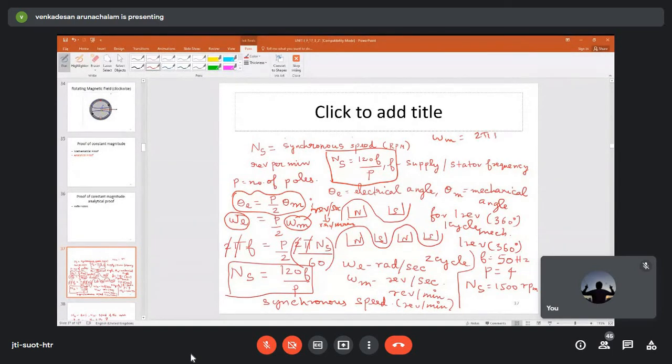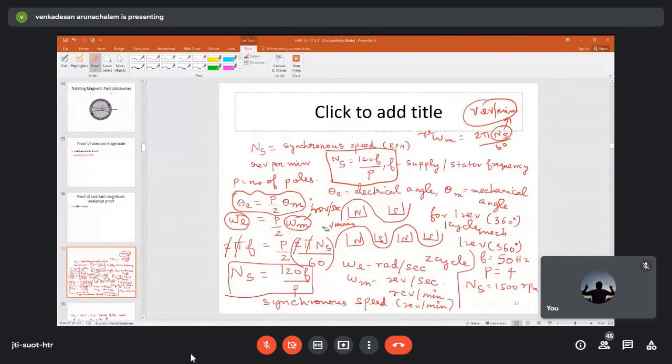Omega M is nothing but 2 pi ns by 60. How to understand this? ns is in terms of revolutions per minute. Omega M is also radians per second only, but measured with respect to the mechanical aspect.